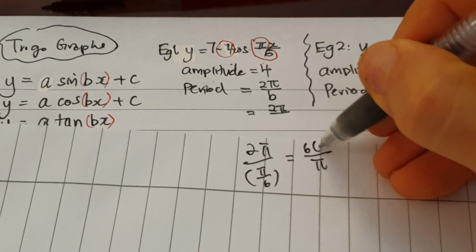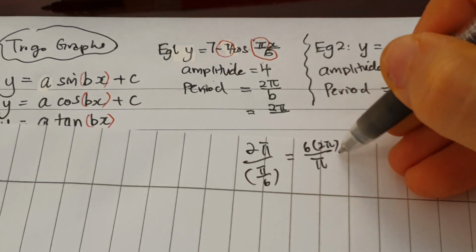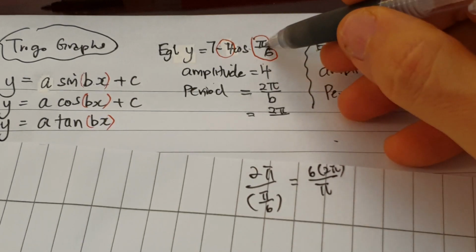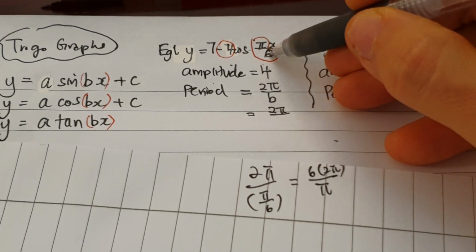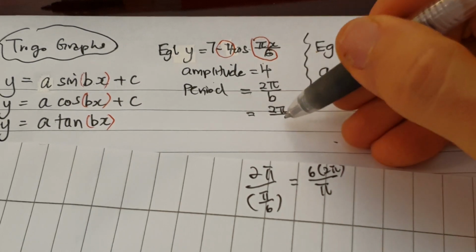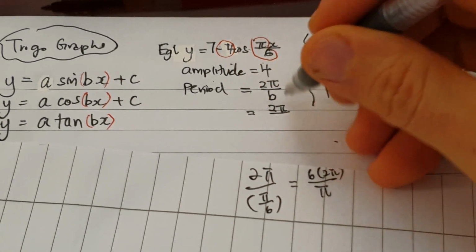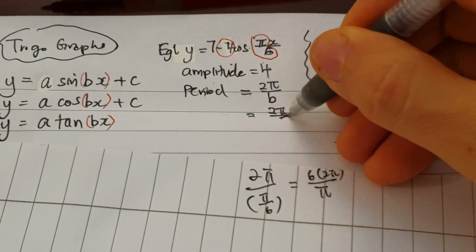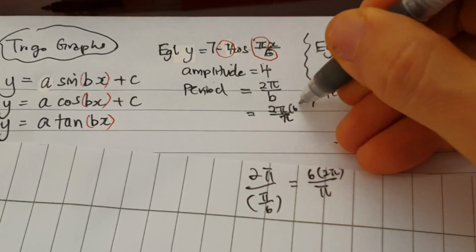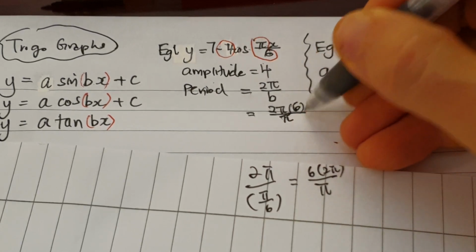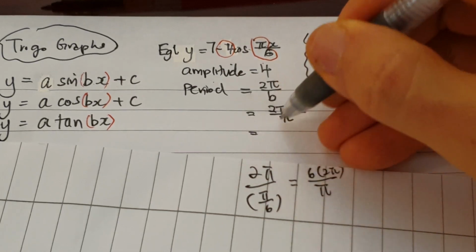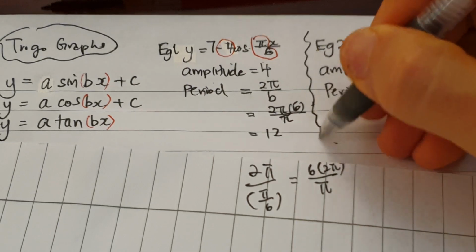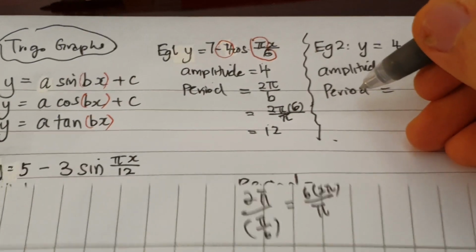So what I like to write is immediately I will flip this already. So pi over 6, I will put the pi here and then the 6 on top. And that will very conveniently cancel off the pi, and that will give me 12. So the period here is 12. Now what does that mean?